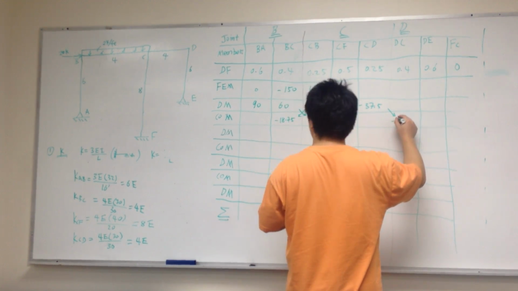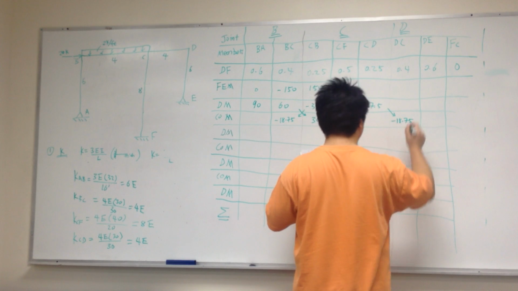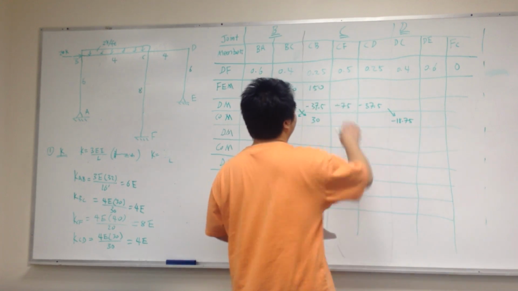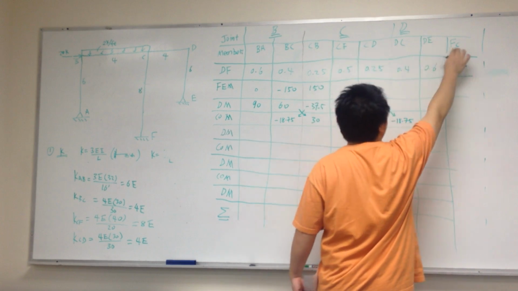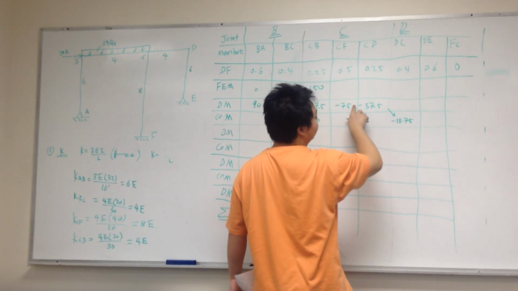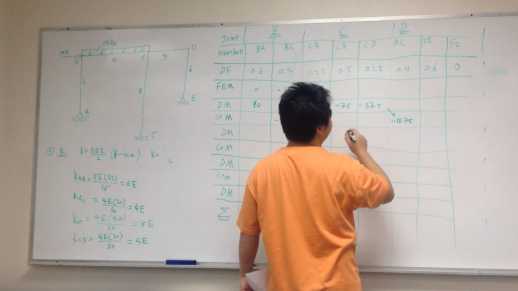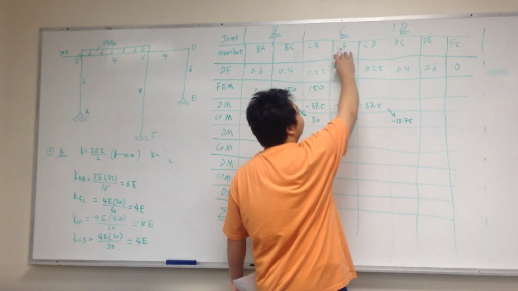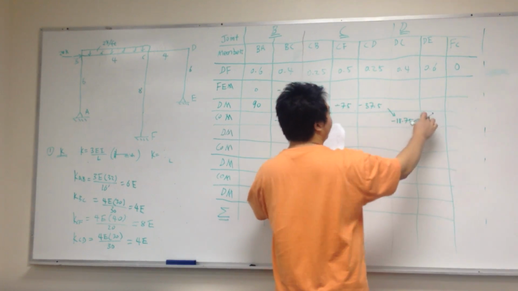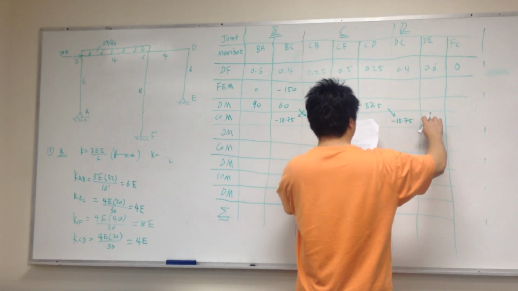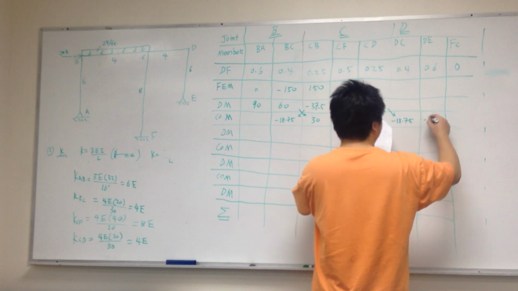So negative 18.75. And for CF and FC, you carry the CF to FC divided by half. You're going to get negative 37.5.